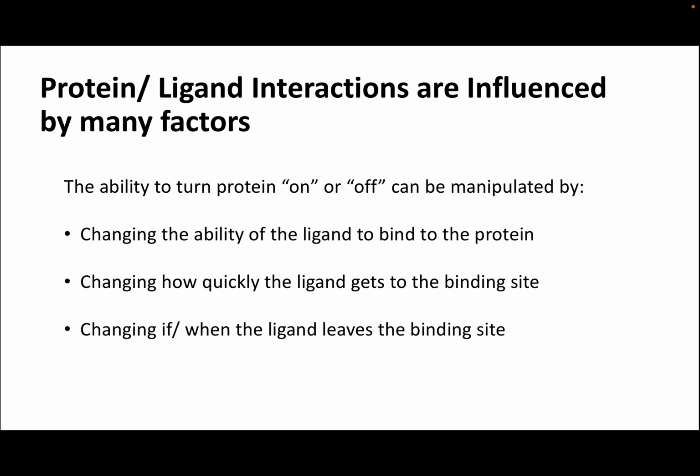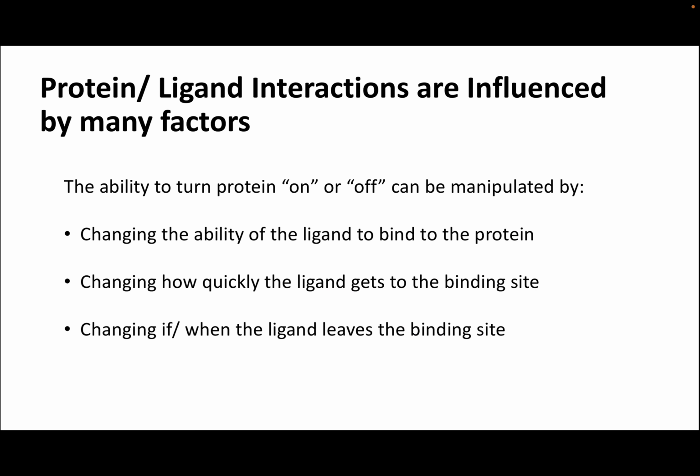Okay, so those are some very general rules of thumb about ligands and proteins. And in general, the ways that we can use these to influence protein activity, we can have the ability to turn proteins on and off, and we can manipulate that by changing how much of the ligand we have, or changing the ability of the ligand to bind to the protein.